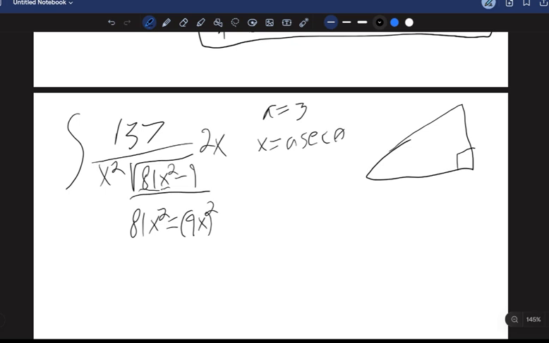Does that make sense? Yeah. So then I can say that 9x is equal to a secant theta.